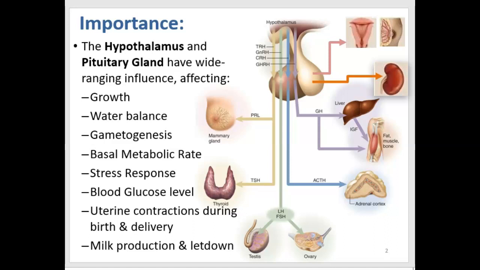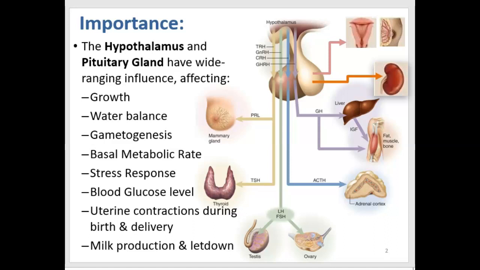That helps with reproduction, producing egg and sperm. That's what gametogenesis means. They influence basal metabolic rate, the stress response, blood glucose levels, and not to mention things that happen during birth and delivery like uterine contractions and then milk let down immediately afterwards.